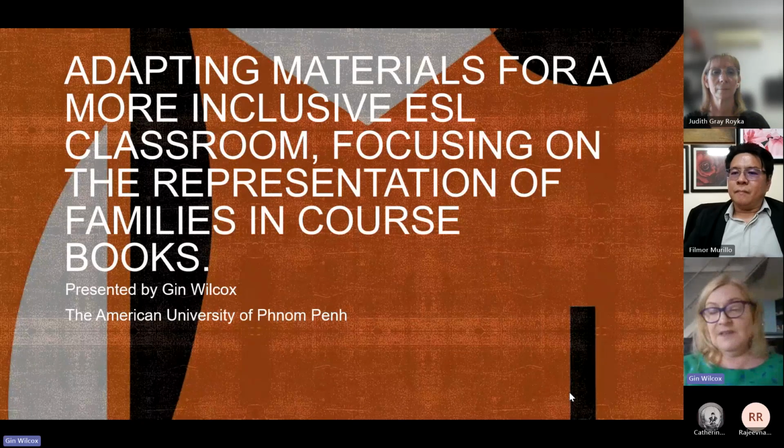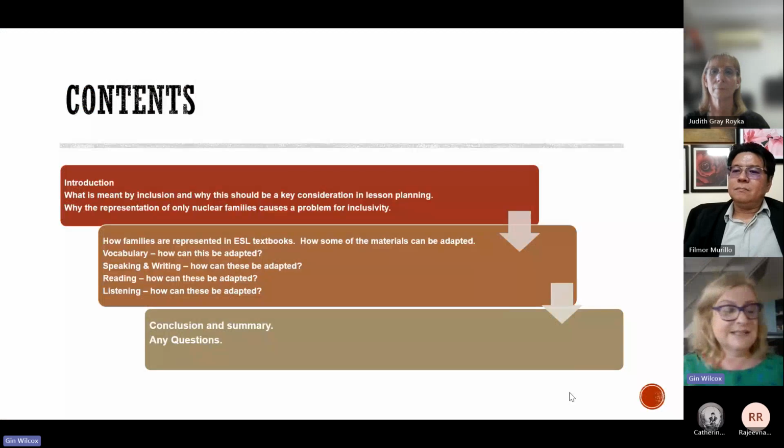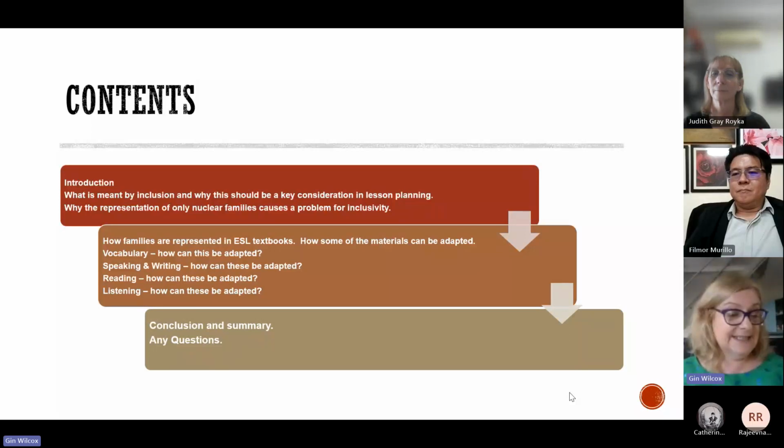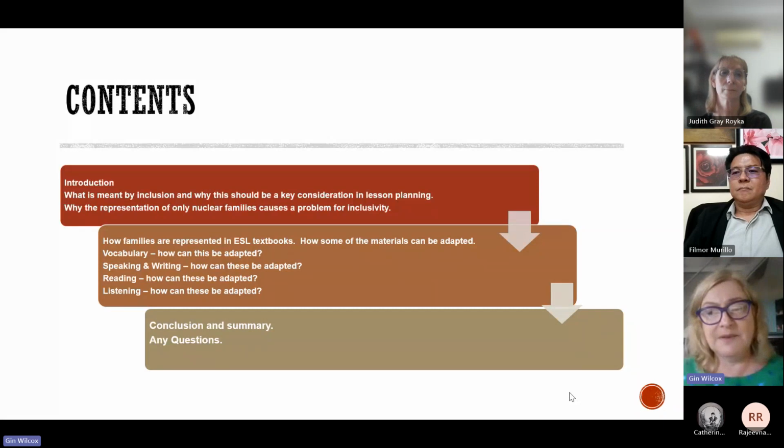So hopefully the slides are moving. To begin with, I will define inclusivity and inclusion and discuss why it is important in planning lessons, and I will explain why the representation of solely nuclear families causes the problem for inclusivity.